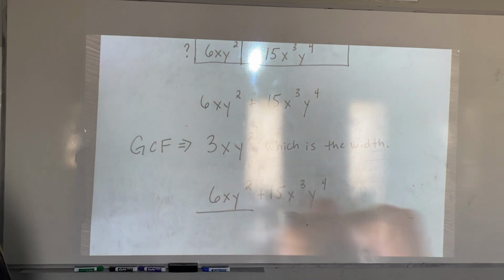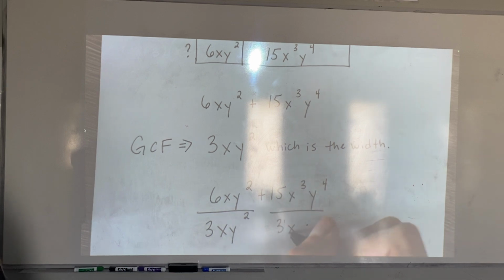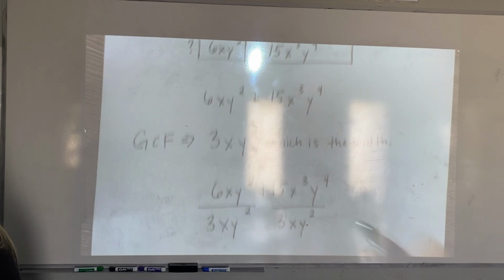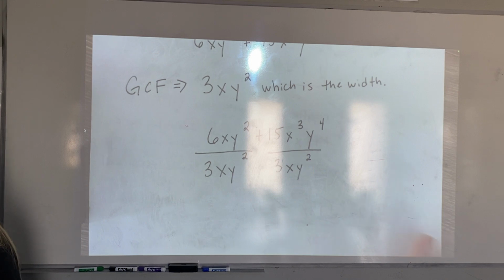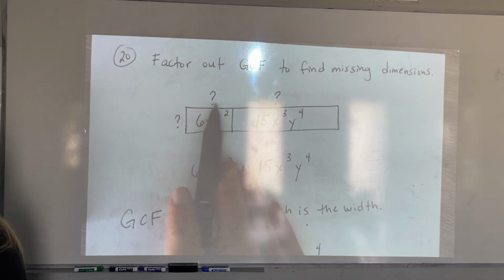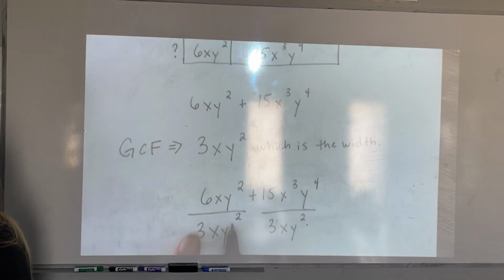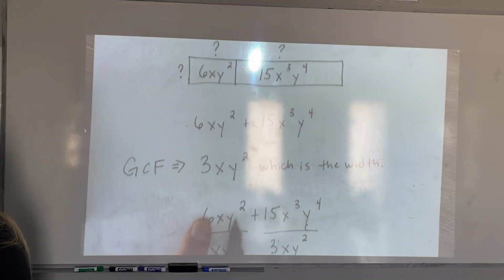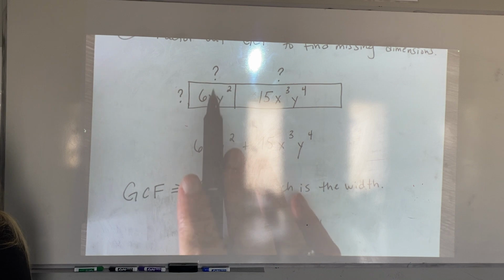We're going to divide each of them by the GCF. That is going to give us the dimensions for the length of the smaller one and the length of the bigger one, because we're going to factor it out of this and get the other factor of this area.